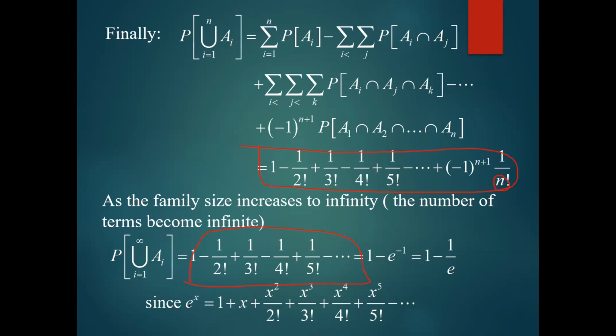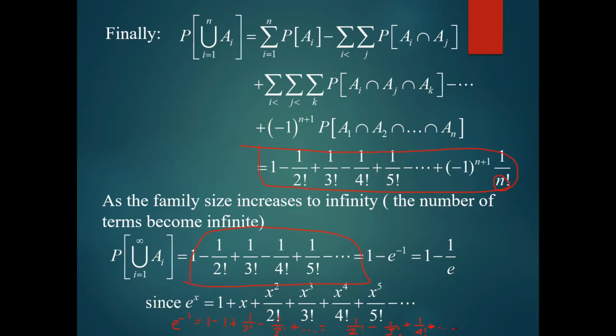And then, if you substitute negative 1, e to the negative 1, what happens is that it will become 1 minus 1 plus 1 over 2 factorial minus 1 over 3 factorial plus 1 over 4 factorial and so on.